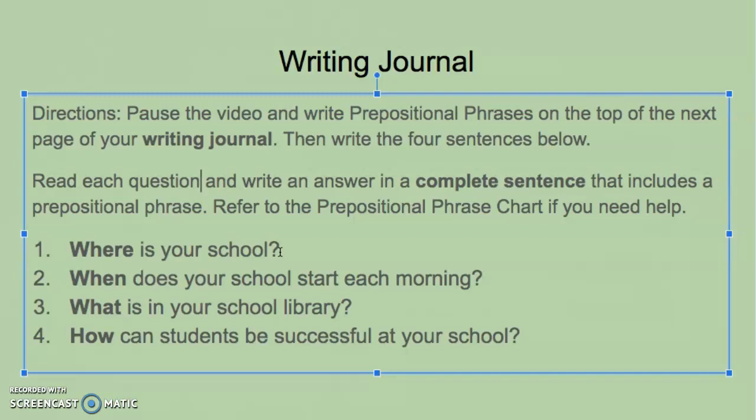Number 3 says, what is in your school library? My school library contains books and computers. Number 4 says, how can students be successful at your school? Students can be successful at my school by trying their best.